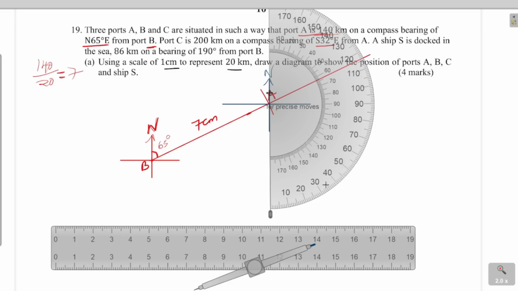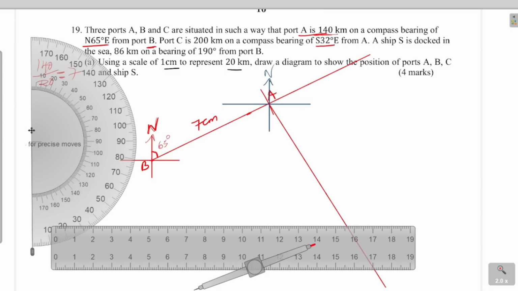Let me mark it properly. So you mark that like that. This angle that is here is the one that is 32 degrees. This is south.